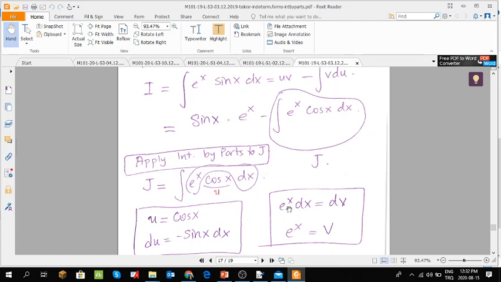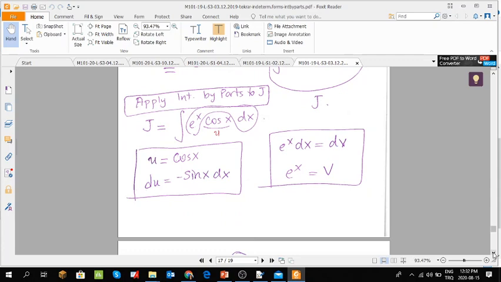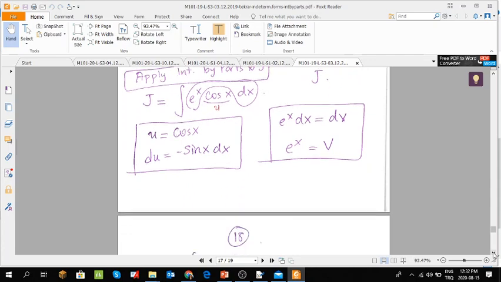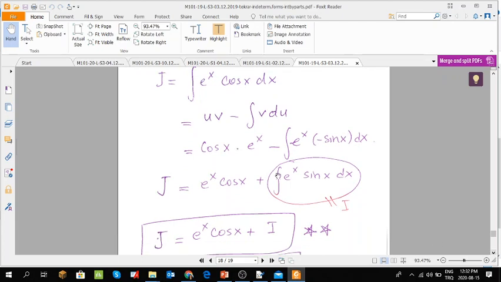What's the antiderivative of e to the x? It is e to the x. So v is e to the x. So I found v, u, and du. And then I go down. This is my J, u times v minus the integral of v times du. u is cosine x, v is e to the x, minus the integral of e to the x times du, which is negative sine x dx.